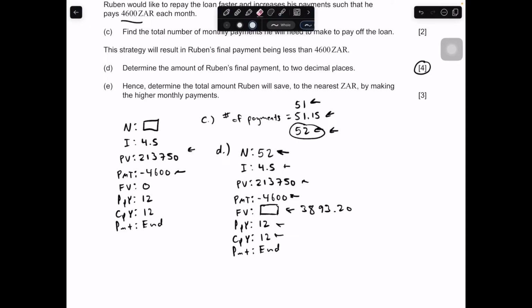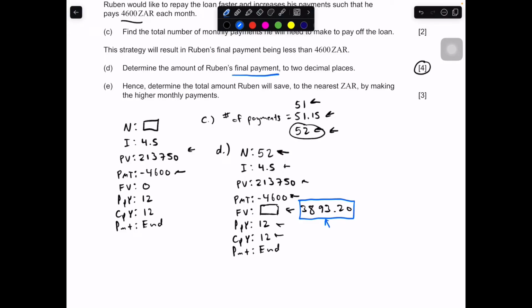And imagine we have this last month, the 51st month. He's come close to paying everything off. He pays a full 52nd payment, so he pays one whole extra month of 4,600. But he looks into his bank account where his loan was, and it's not only at 0, it's at $3,893.20.